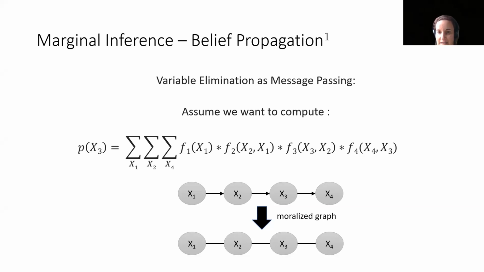The moralized graph is a graph that represents the same factorization, but it's undirected. And the way we create this moralized graph is first, for every node, we check whether there exist multiple parents of that node, and if there is no edge between those pairs of parents, we add an edge.